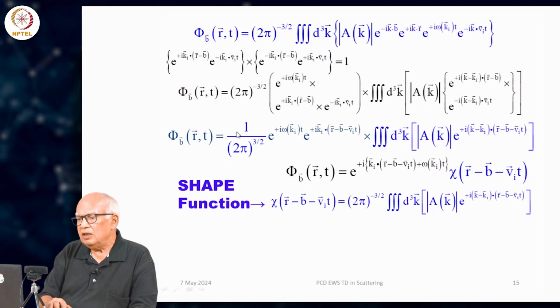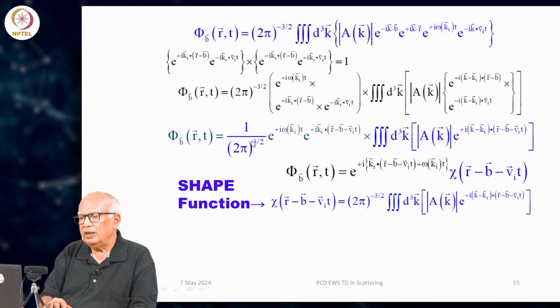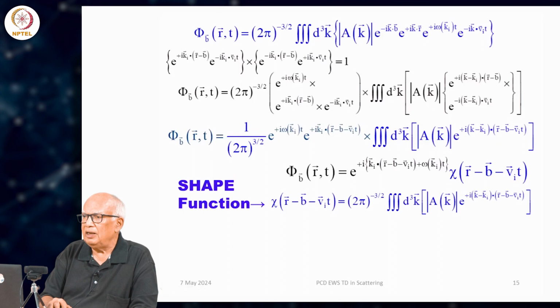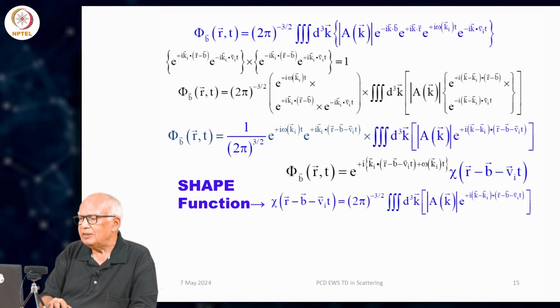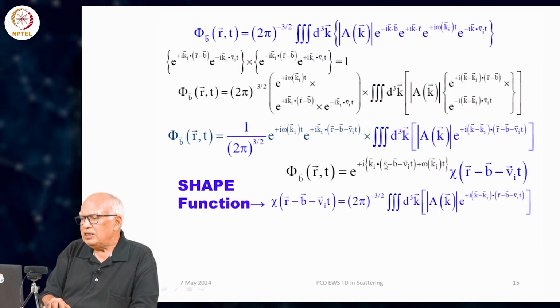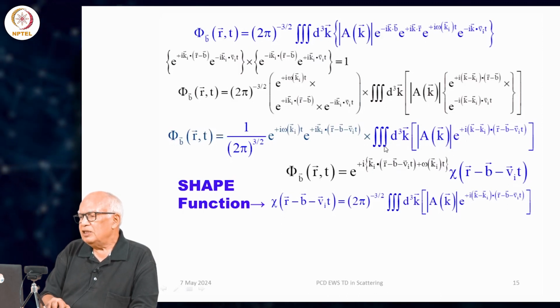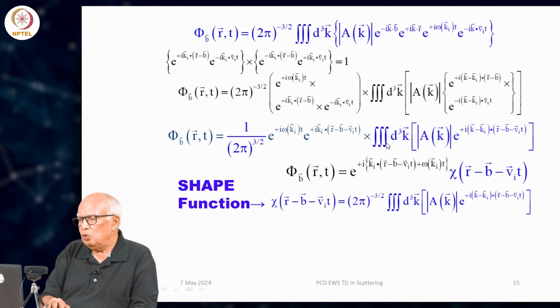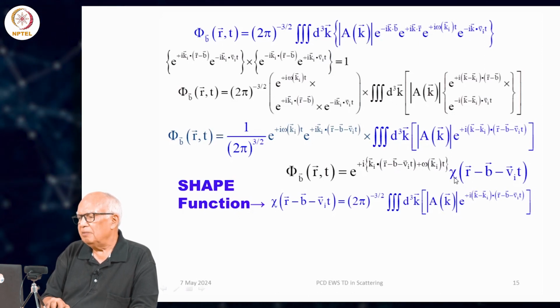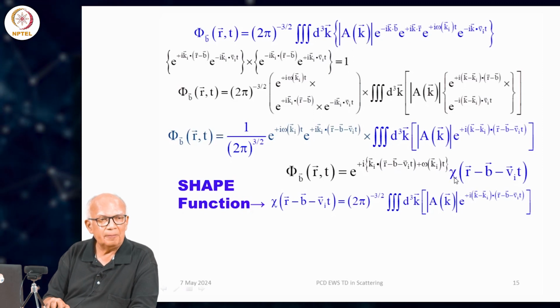There is a constant outside over here, 1 over 2 pi to the 3 by 2, which you can keep track of. But essentially you have this phase multiplying this function which I have written in blue, this integral, which I represent by the symbol chi.